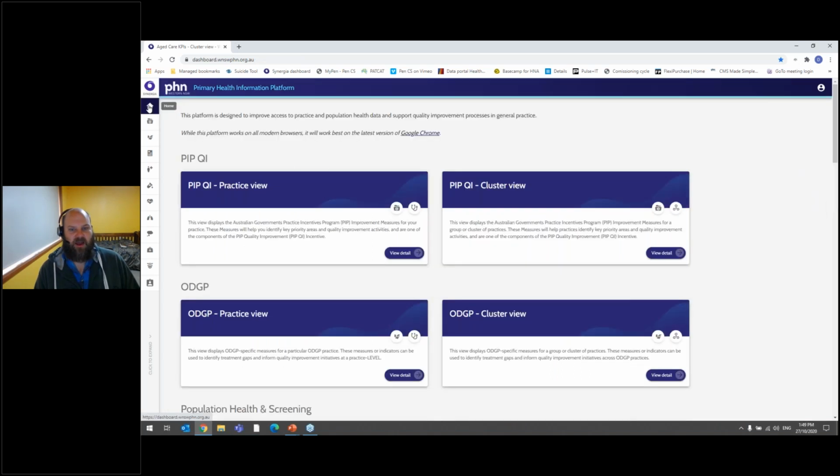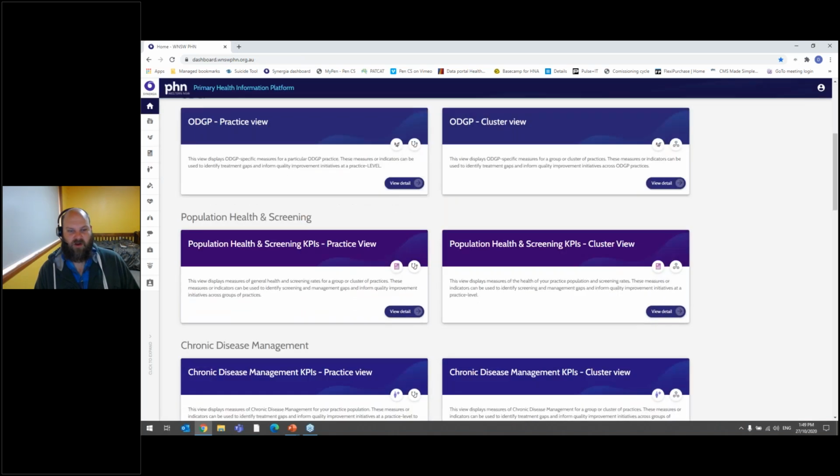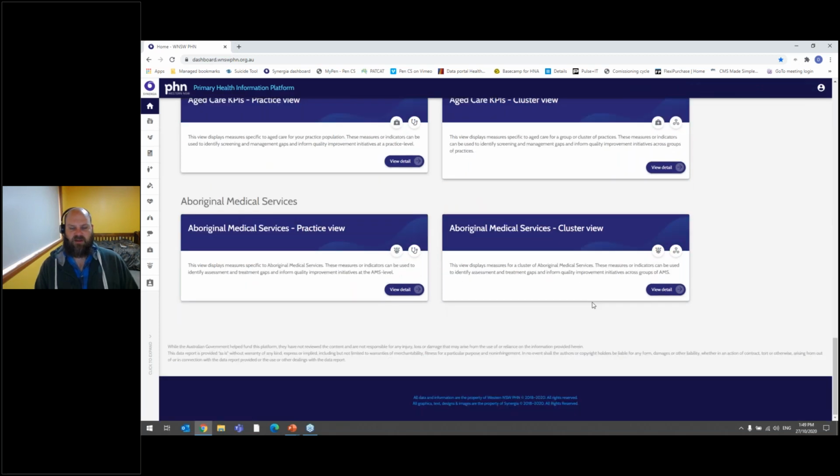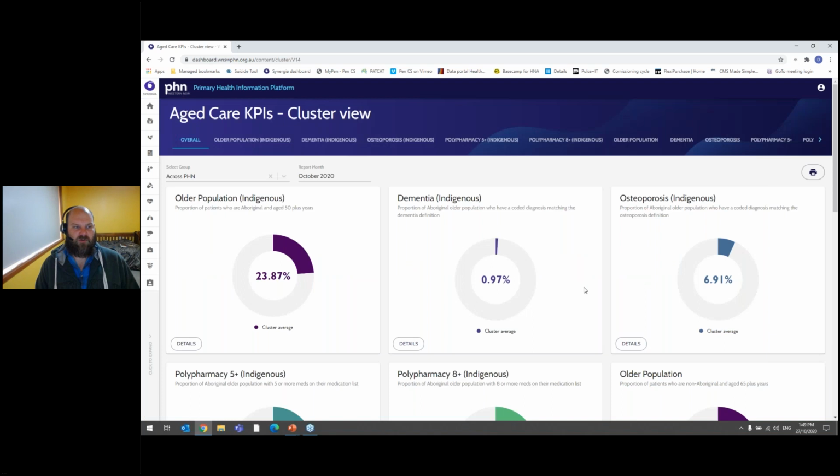No worries. And lucky last that I'll go through, and very brief, is we previously used to have just an Aboriginal medical service module that was just available to our Aboriginal medical services and community controlled health organisations.